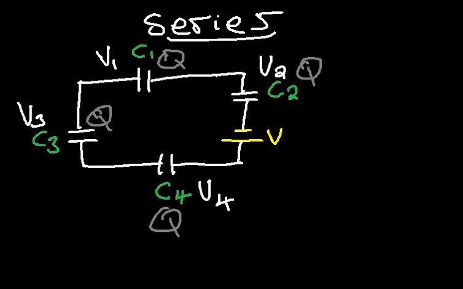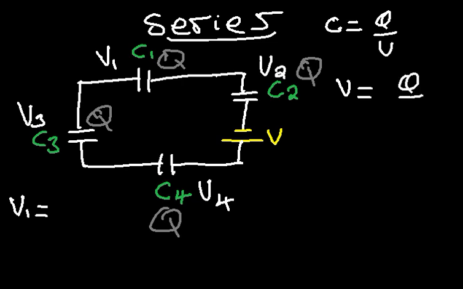What is only being shared is the voltage. So what is the voltage across capacitor 1? The formula for capacitance is the charge divided by the voltage, so the voltage is given as the charge divided by the capacitance. We'll be using that formula.